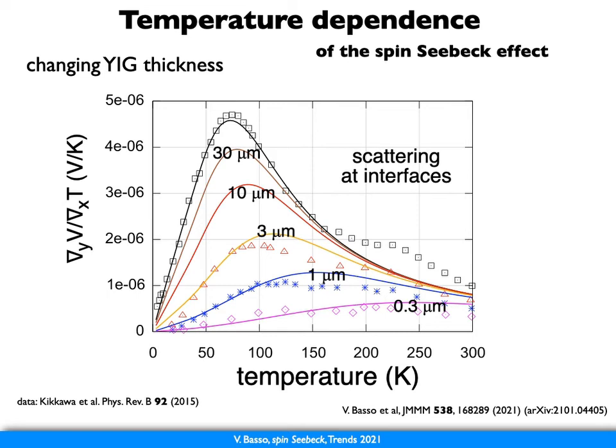Here we have just translated the peak into these two mechanisms, magnon-magnon and magnon-defects. In order to describe the lower thicknesses, we have introduced the scattering at interfaces. While the black one is just a description of the data in a certain sense, the rest is a fit without any free parameter, because we have just introduced a scattering which is proportional to the thicknesses. The result is quite nice, I would say, because in one shot you describe the whole phenomenology.